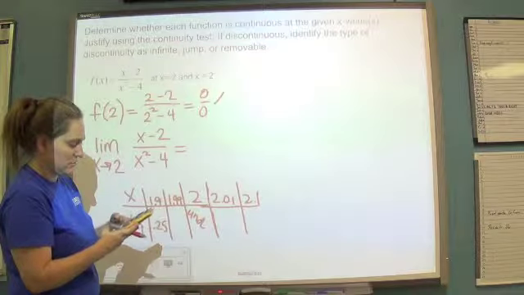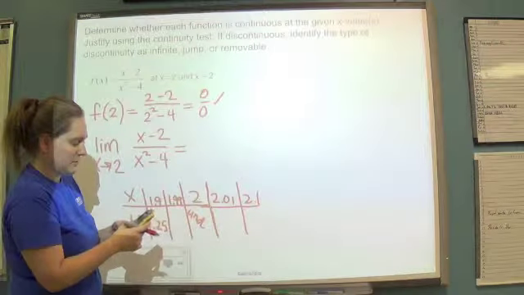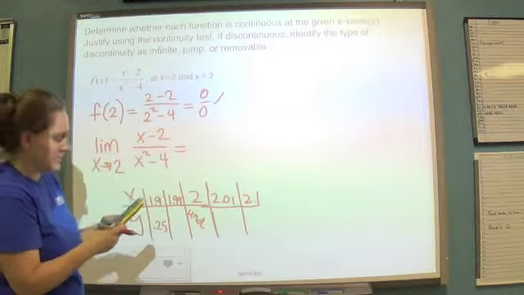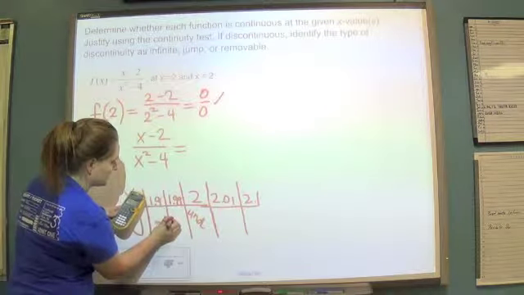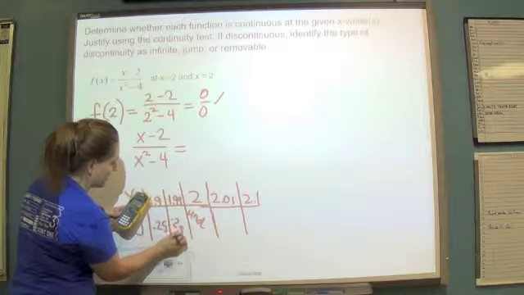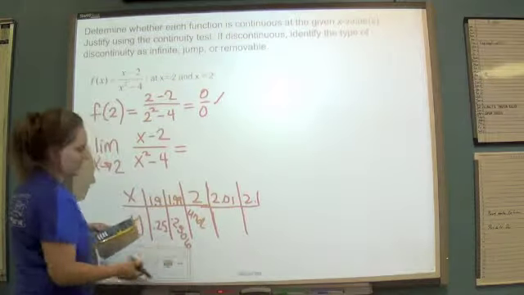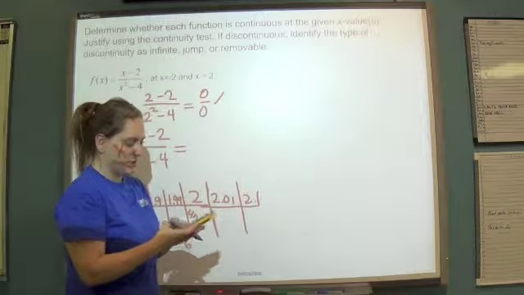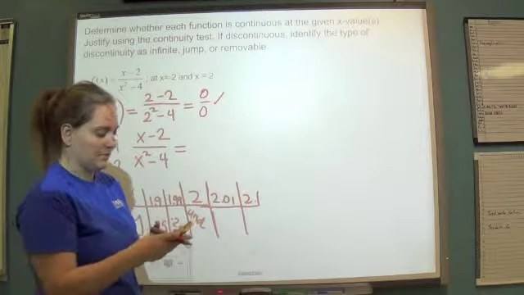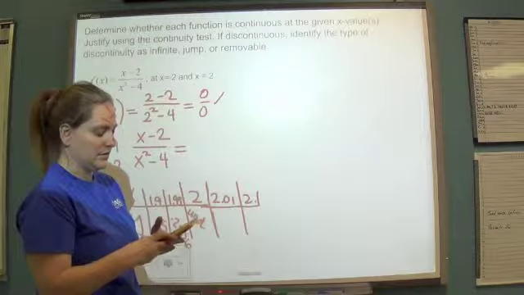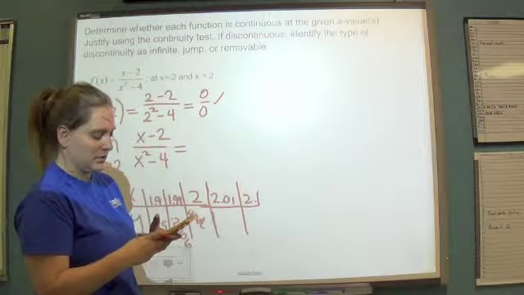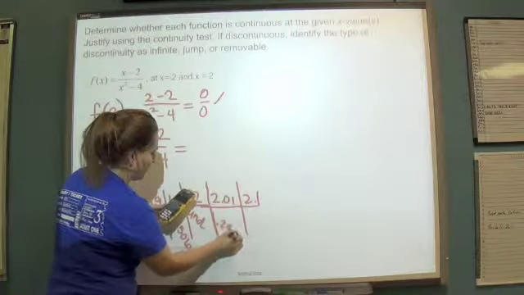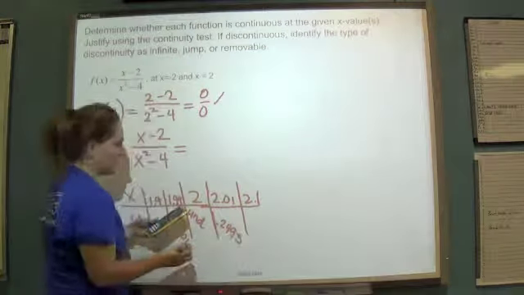Now let's plug in 1.99 for x. We get 0.2506. Should have made these bigger. Now we're going to do 2.01, and this side is 0.2494.